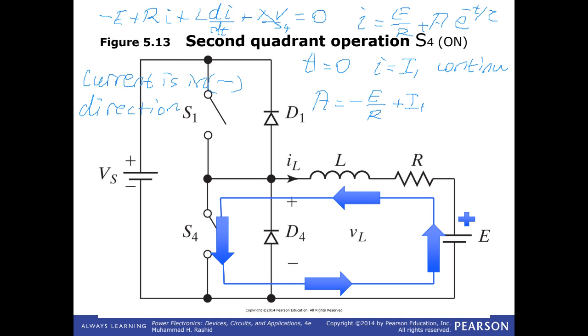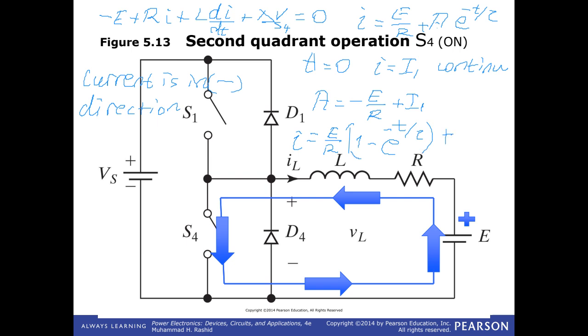So buradan current is equal to E over R parantez 1 minus e to the power of minus t over tau, plus A'yı yerine koydum.